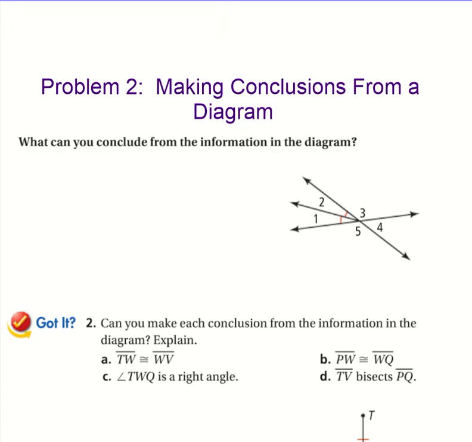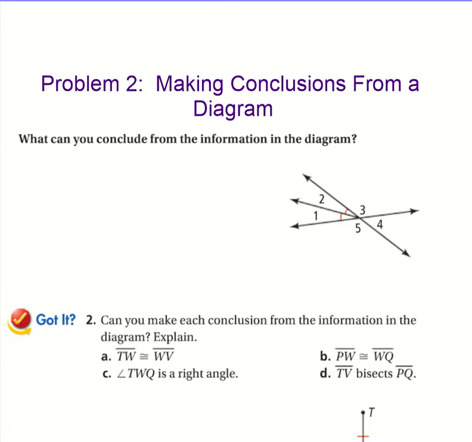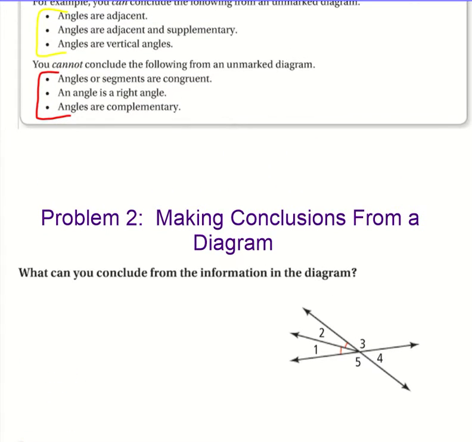And so here we've got this diagram. What are some things we can assume from this diagram? Well, we can say that angle 3 and 4 are adjacent, and they're also supplementary. I always abbreviate those. We can say that angle 5 and angle 4 are adjacent and supplementary as well.